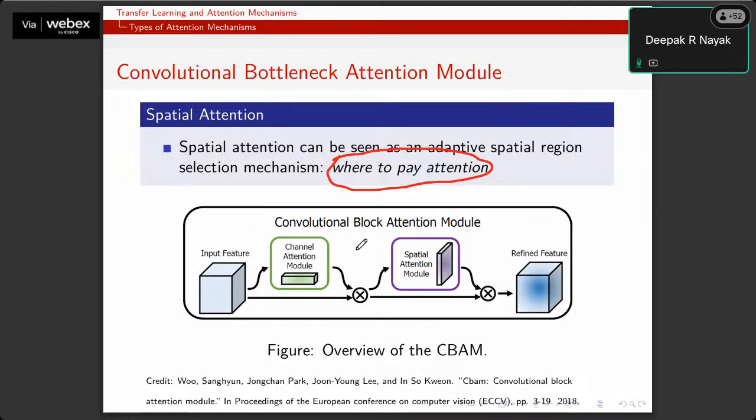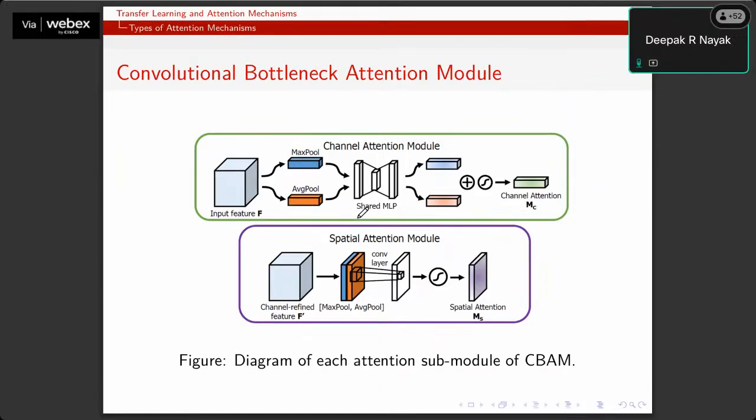If you look at this particular attention module, it sequentially applies channel attention followed by spatial attention. What we have discussed right now is only channel attention. So what do we mean by spatial attention and how to perform it here? What we have is a feature map of size H cross W cross C. I'm considering a feature map at any layer where the spatial resolution is H cross W and C is the number of channels.